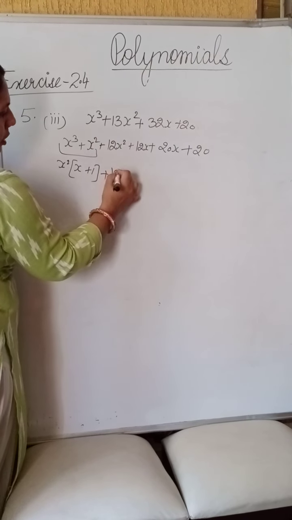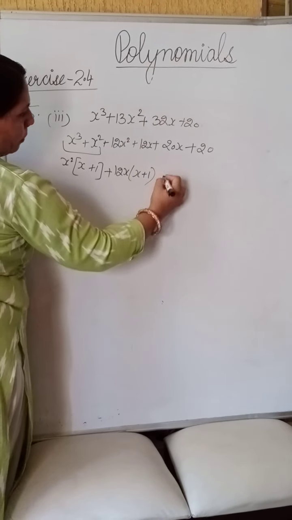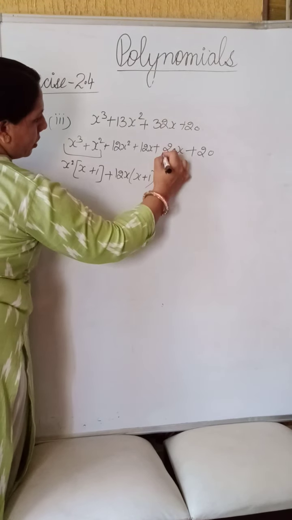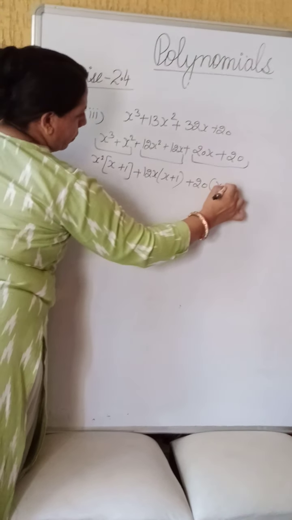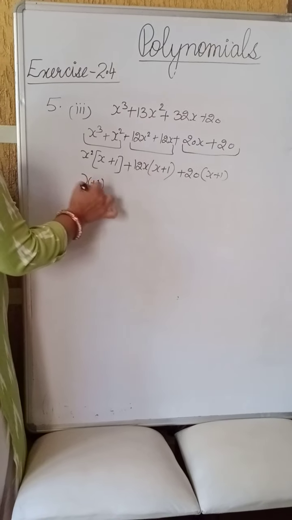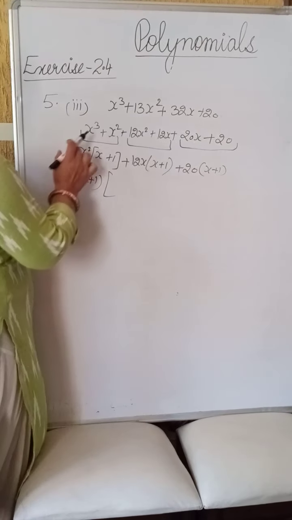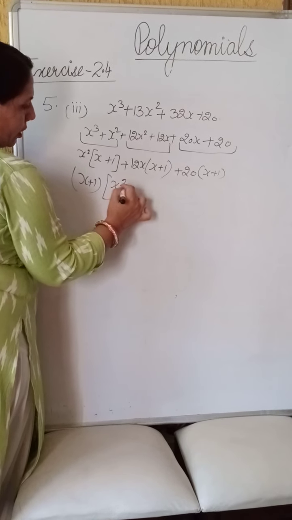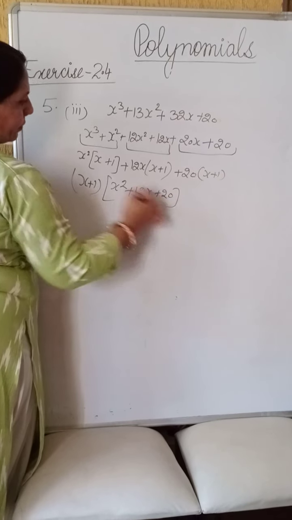From these two terms, 12x, so left x plus 1. From these two terms, what is left? 20 into x plus 1. So you can see x plus 1 is a common factor. So take this outside and write the left terms, x square plus 12x plus 20.